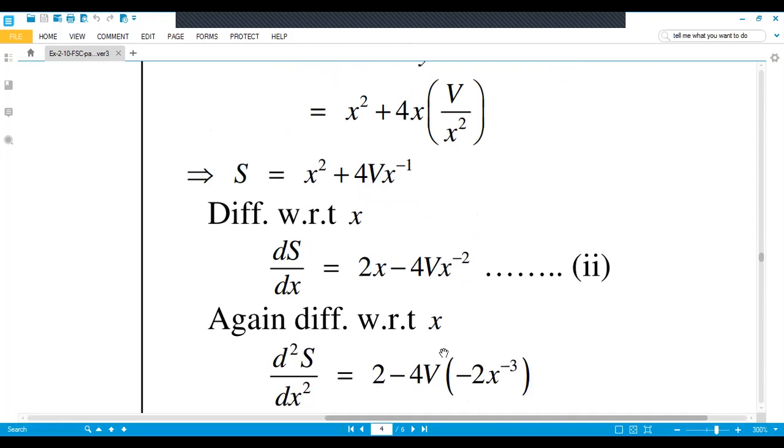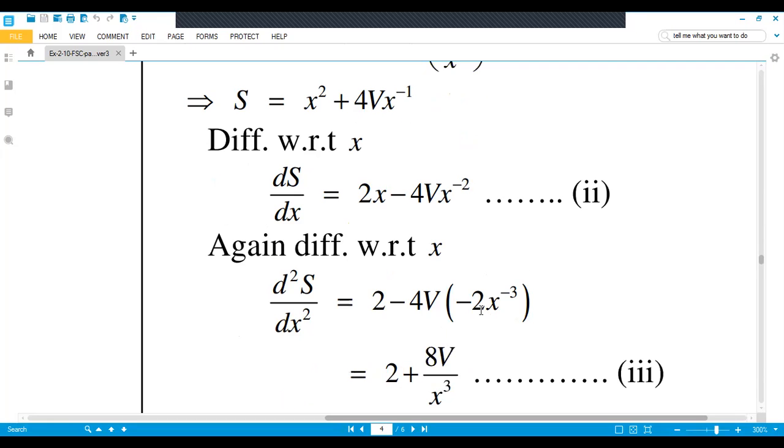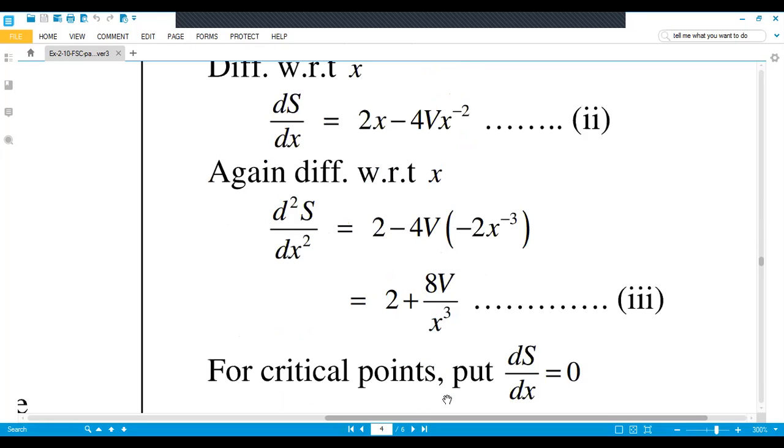Again differentiate with respect to x, so 2x dx by dx is equal to 1, and minus 4V is treated as a coefficient, so we write it as it is. Minus 2 power will come in the coefficient, and from the power you subtract 1, so minus 3 comes in the power. So minus 2 multiplied with minus 4, we get plus 8V divided by x cube.